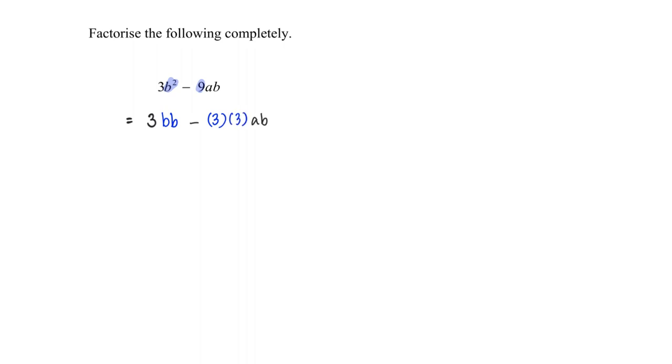Well, the reason for me to do that is because it will help me to sieve out the common factor quite easily. 3 is the common factor, b is also the common factor, so that I can take them out as the common factor. And I'm left with b minus 3a. And that will be the answer for this question.